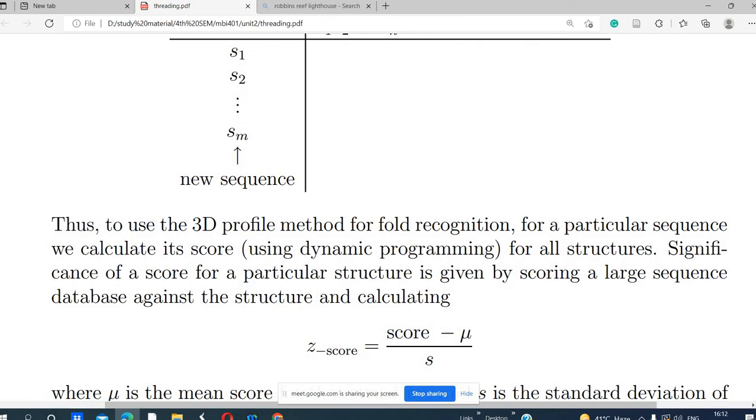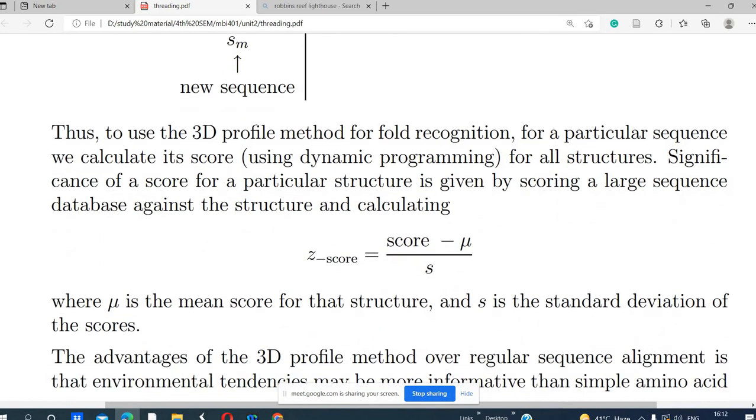We have already discussed this: there are 6 multiplied by 3, that is 18 environmental classes. So to use the 3D profile method of fold recognition for a particular sequence, we calculate its score for all the structures. The significance of a score for a particular structure is given by a Z score.